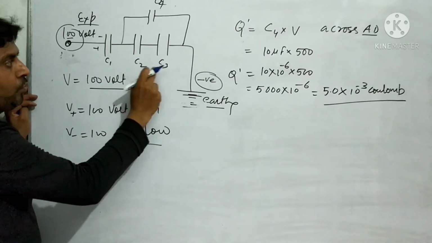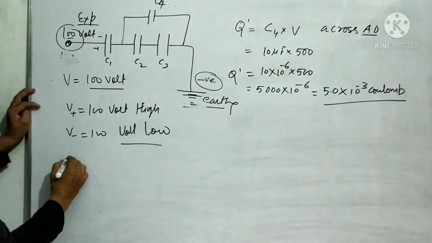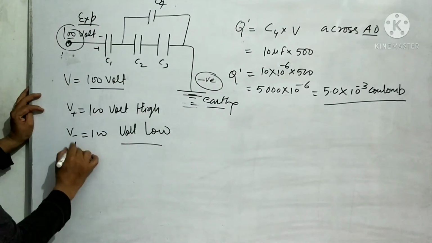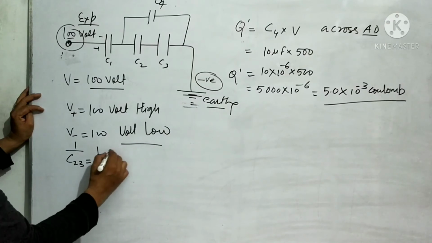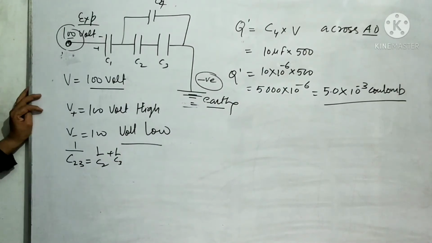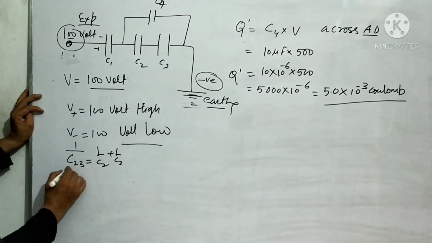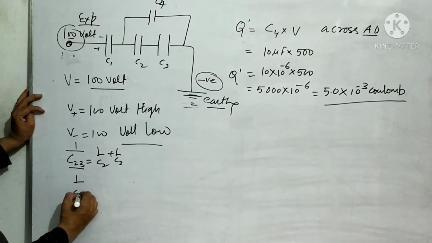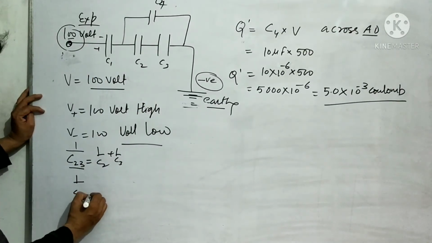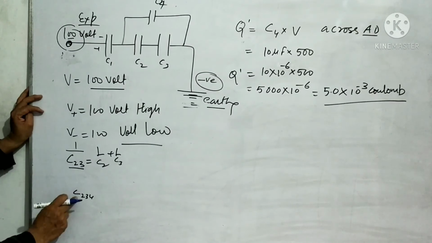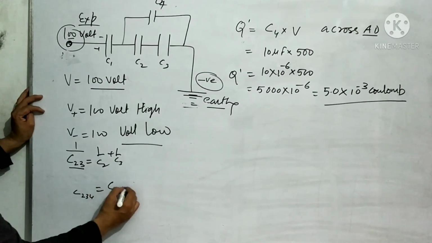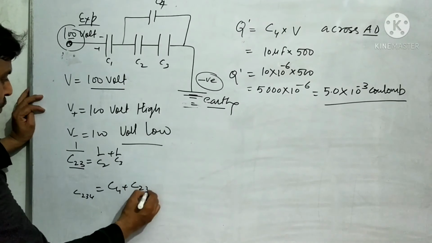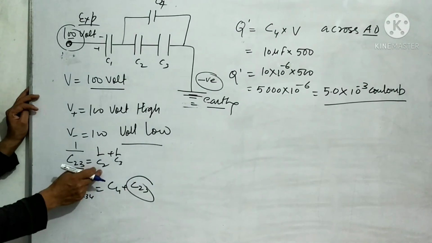Initially C2, C3 in series. 1 upon C23 equal to 1 upon C2 plus 1 upon C3. Such a combination C23 connected in parallel here, then for the parallel combination, direct formula, C4 plus C23. The value will be counted from here.